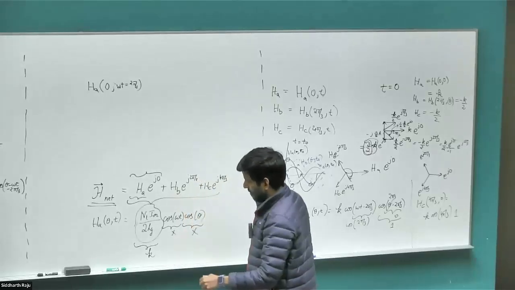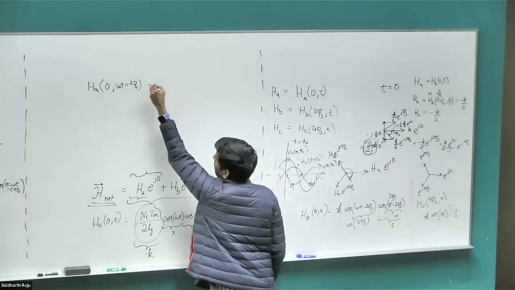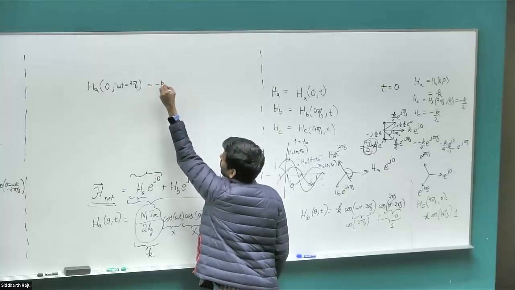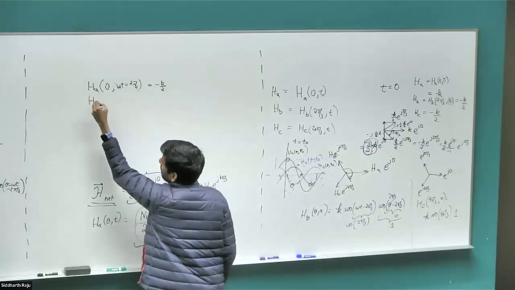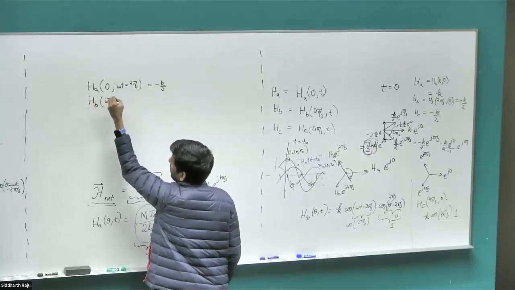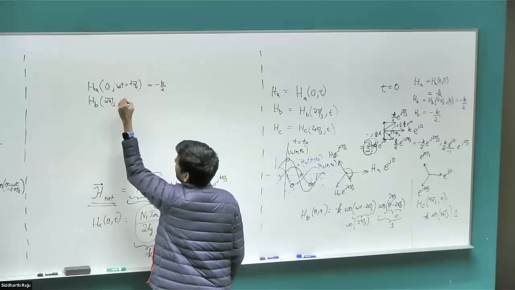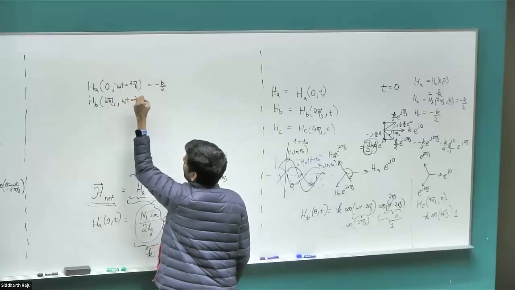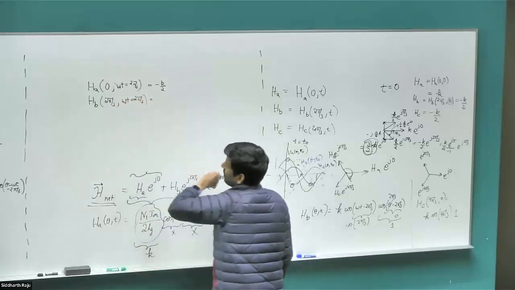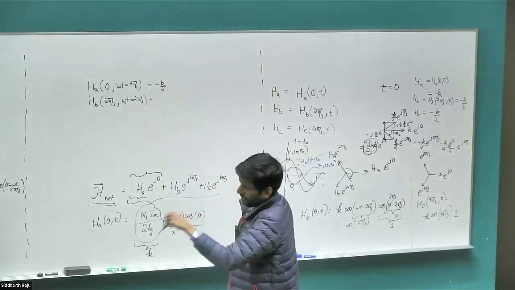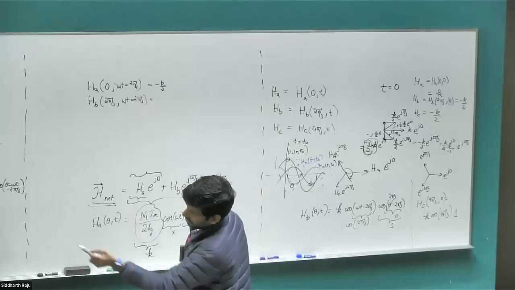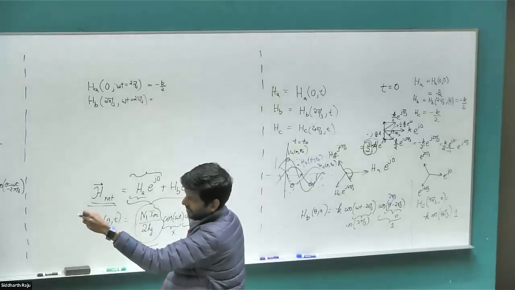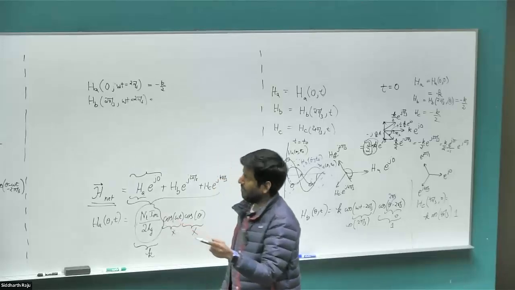So if I substitute 2 pi by 3 here, I end up with same thing as before. This would become negative k by 2. And then HB, I'll have to calculate the peak of it at its own angle. And again, omega t equal to 2 pi by 3, at the same instant in time. If you look at the expression for HB, it is k times cos of omega t minus 2 pi by 3 times cos of theta minus 2 pi by 3.